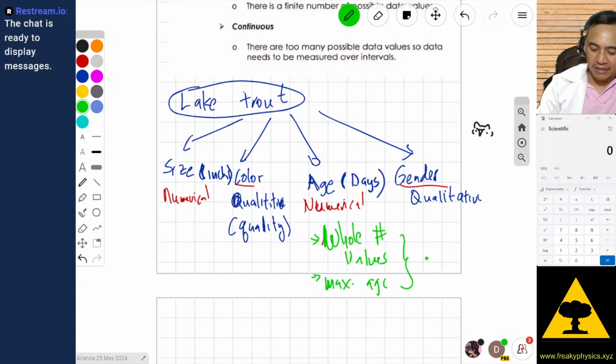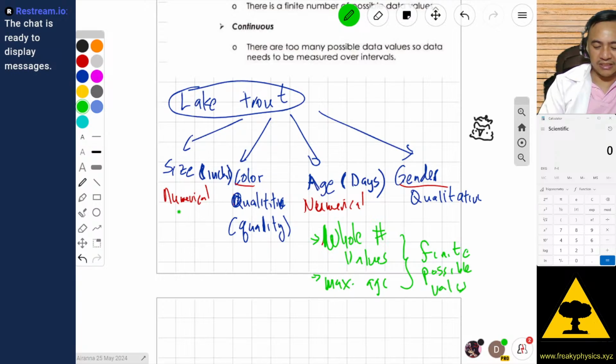This combined would be finite possible values, right? But here, in the size in inches, this has infinitely many values. So this has infinite.